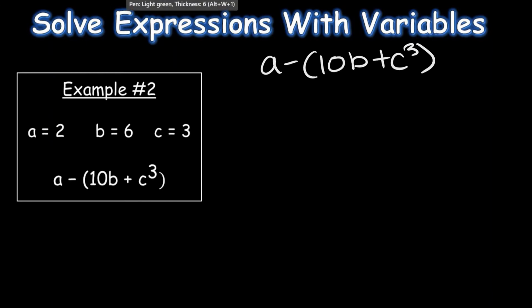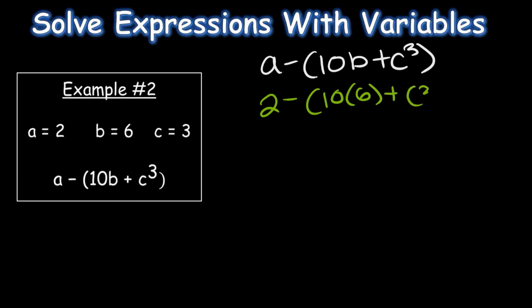We have 2 for a minus 10, and then 6 for b. Then for c we have a 3. And these are the values that we are going to have in our parentheses, so we use brackets.